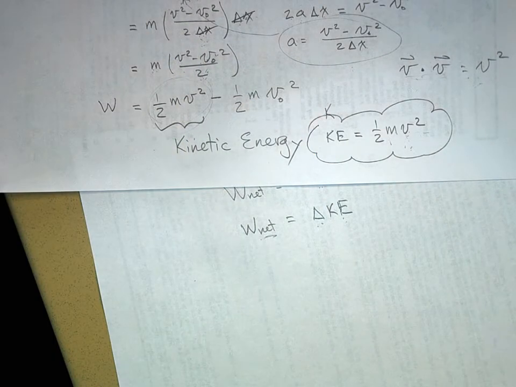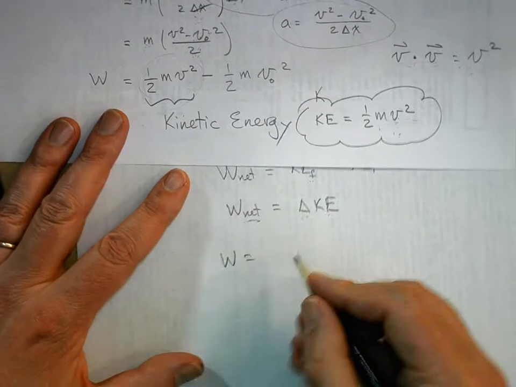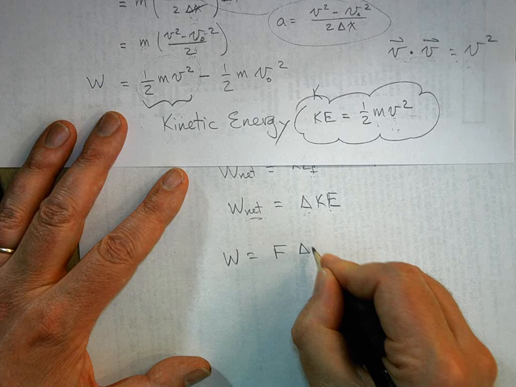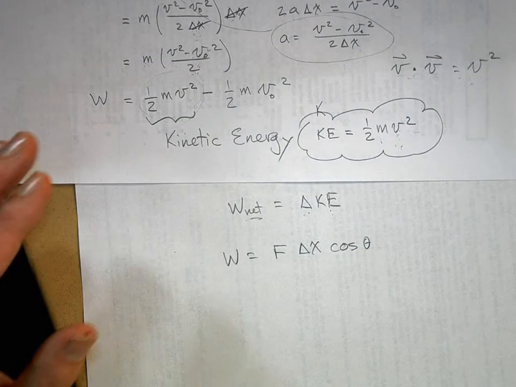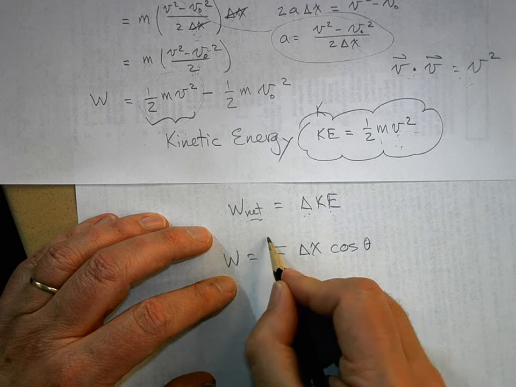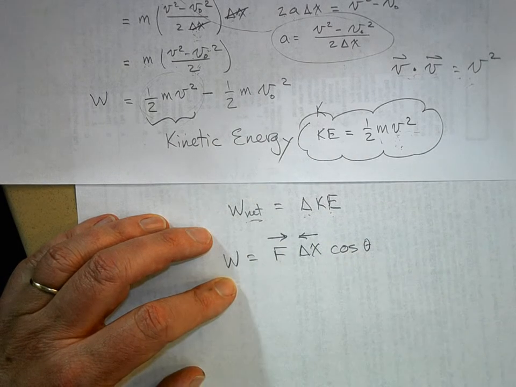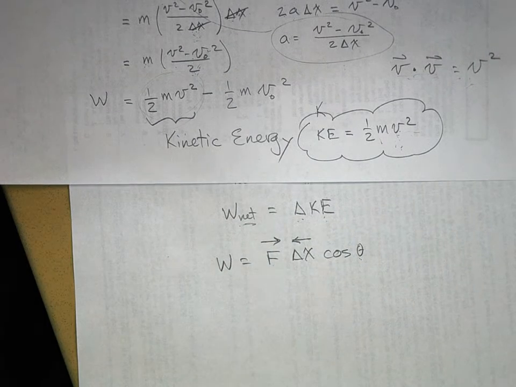Well, the work done, right, work is equal to the force that I apply to the ball times the displacement of the ball times the cosine of the angle between them. If the force I apply to the ball is to the right, but the displacement is to the left, what's the angle between left and right? 180 degrees.